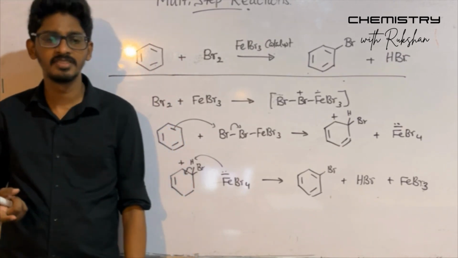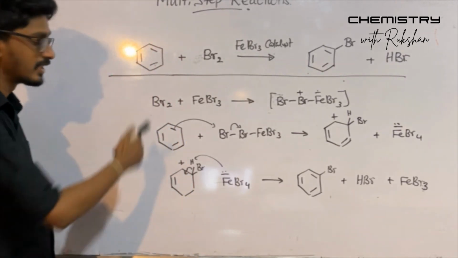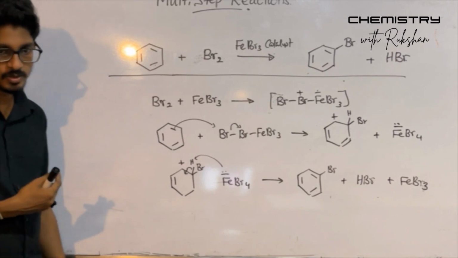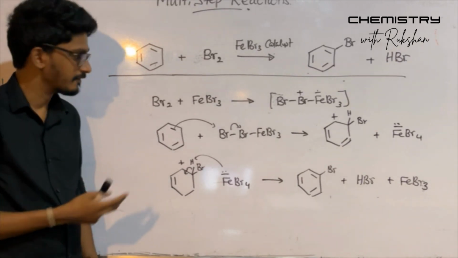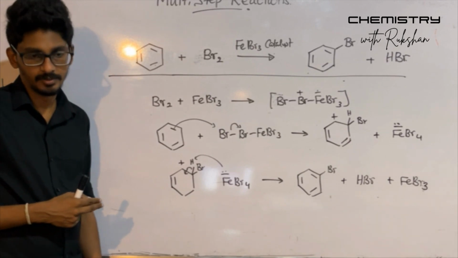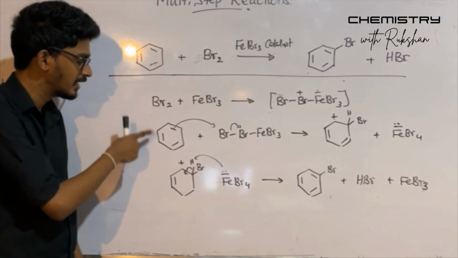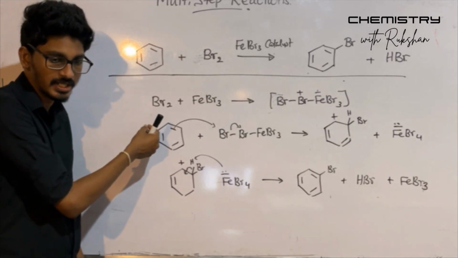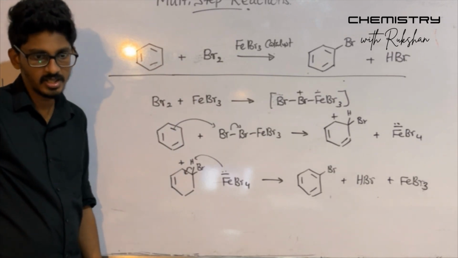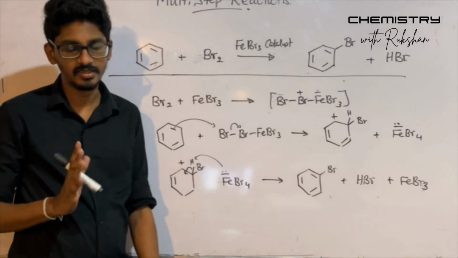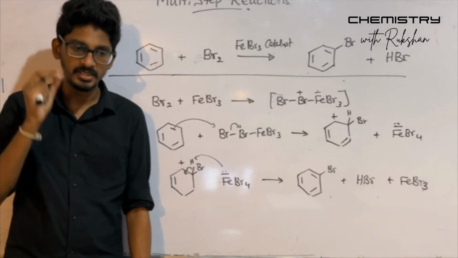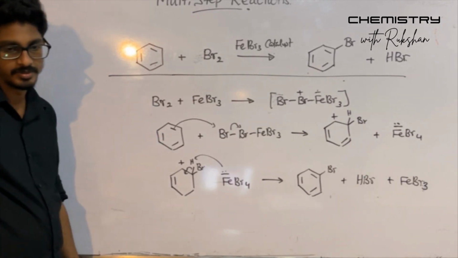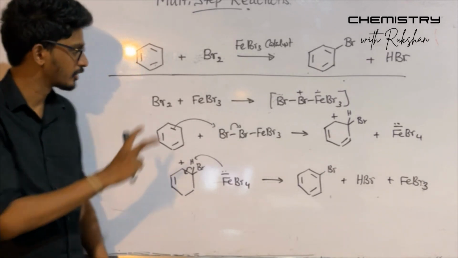The first thing to consider here is that multi-step reactions are constructed from elementary steps. You have 3 elementary steps here, three elementary reactions ultimately giving you the multi-step reaction.